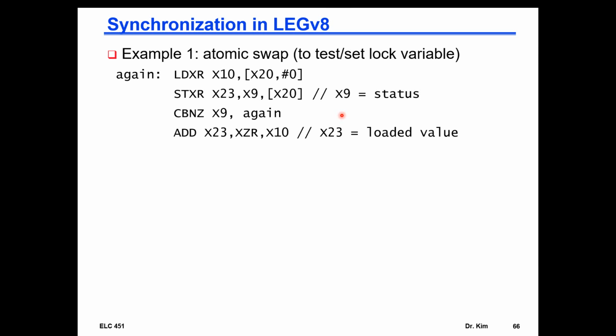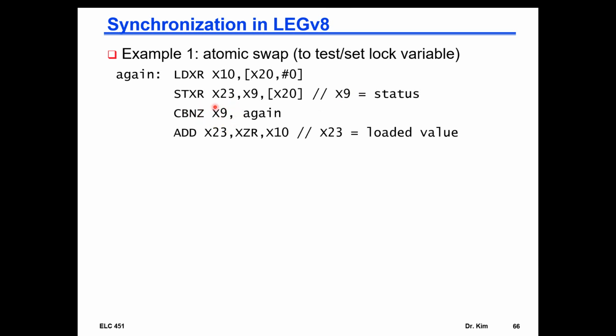So here's an example of an atomic swap. Here we are loading a register and storing, and register 9 is the status register. We test register 9.